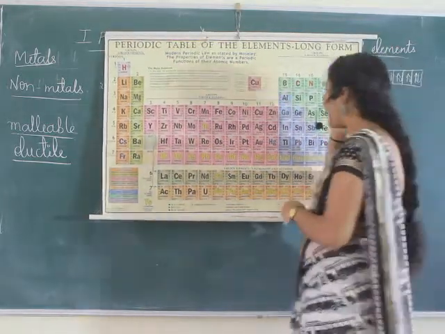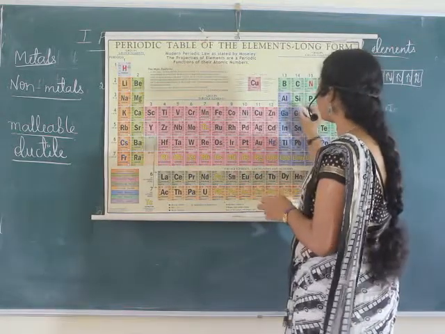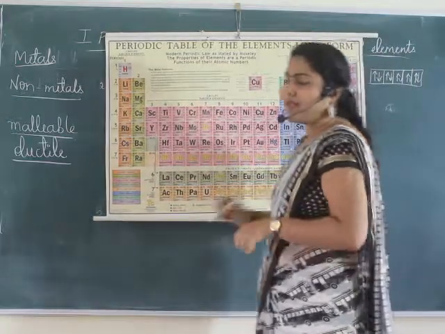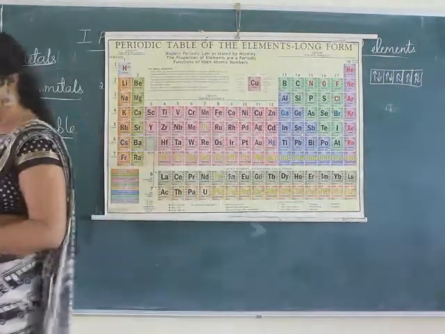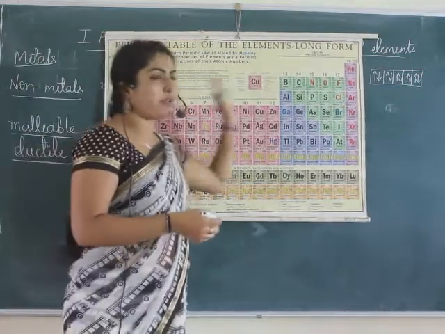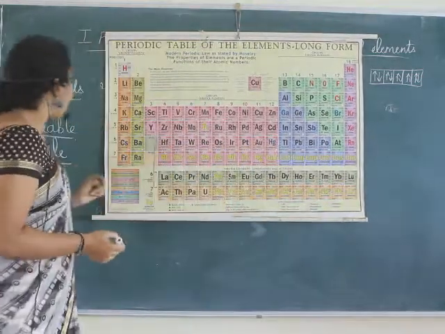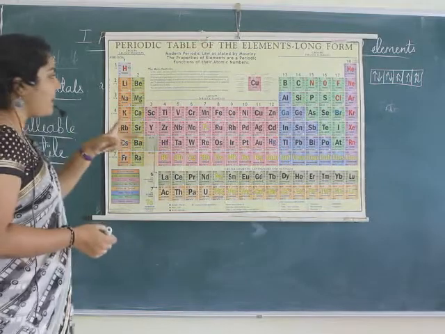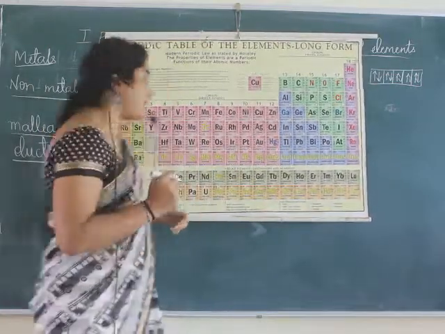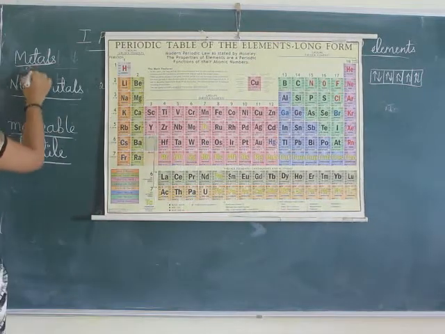And there are some substances like silicon, gallium, germanium. There are some special properties. So now hope it is clear. Metals on the left hand side, non-metals on the right hand side. And between metals and non-metals, there is one more called semi-metals. What do we call them as?